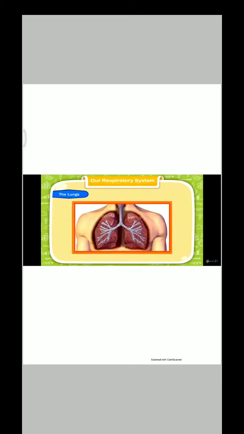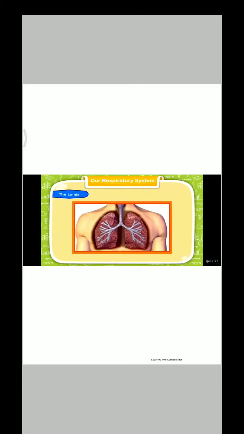So about the lungs, what is the function? What will happen in the lungs? First thing you have to remember is that lungs are found in the chest. Okay, the two lungs are found in the chest. So in the lungs, what will happen first? Oxygen is absorbed from the inhaled air and carbon dioxide is removed as exhaled air.